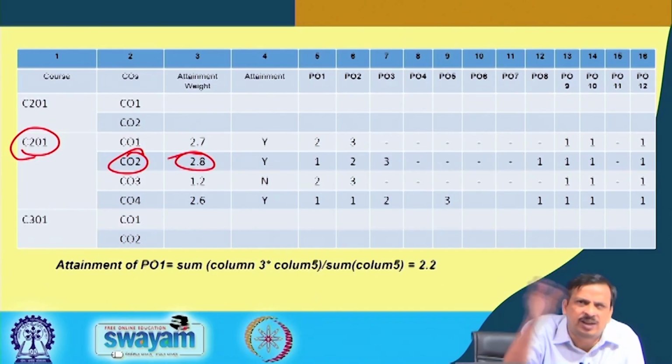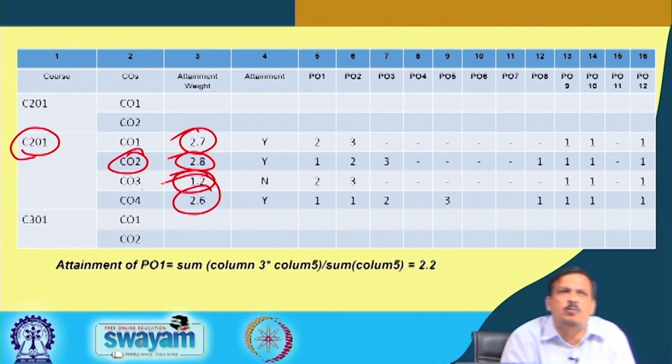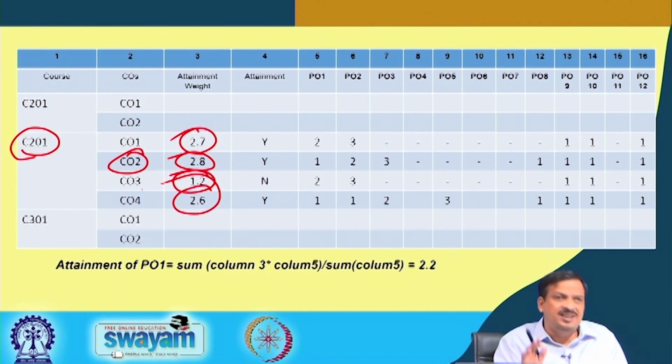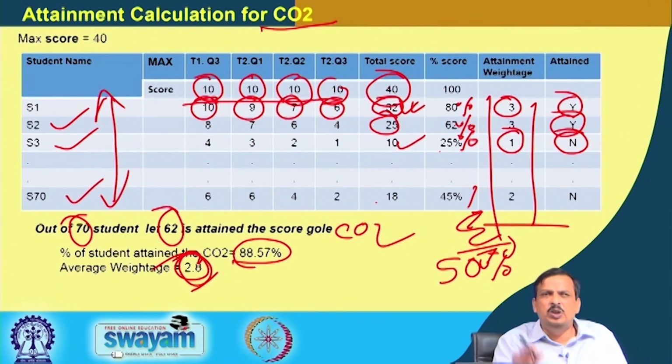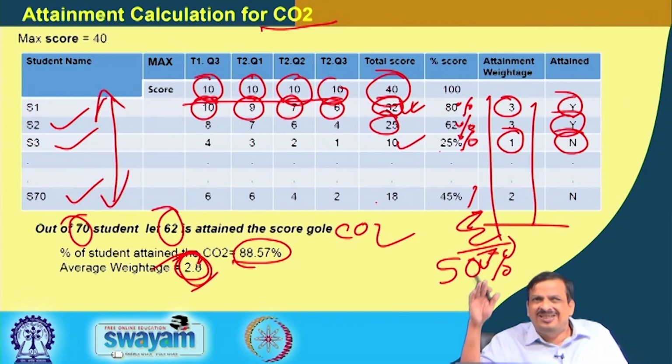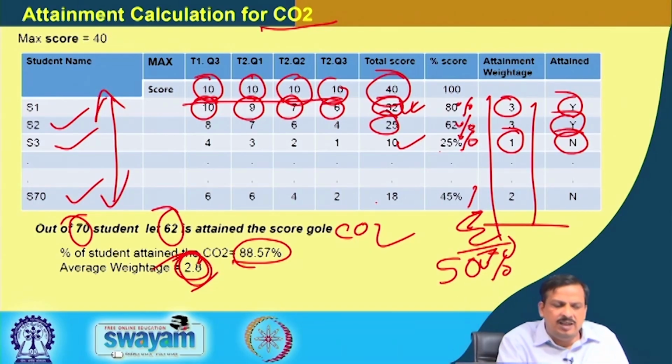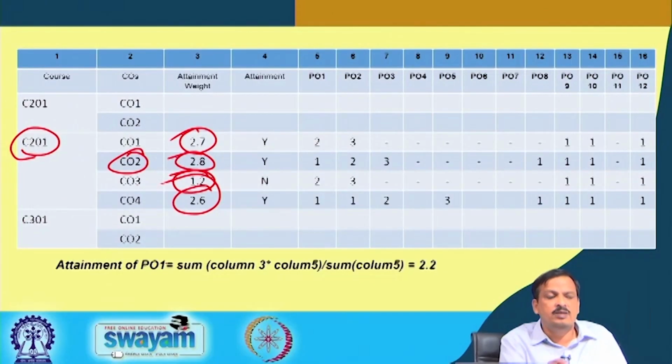CO1, you can calculate CO1 also 2.7, CO3 1.2, CO4 2.6. So, this is synthesized data. I have never used real data. So, you can use real data from your course and find out the average weight and put it on the corresponding CO.